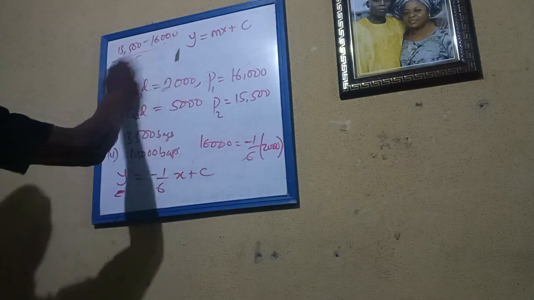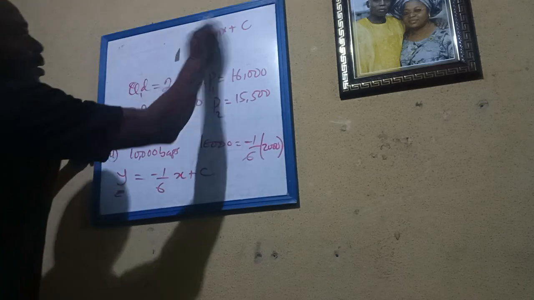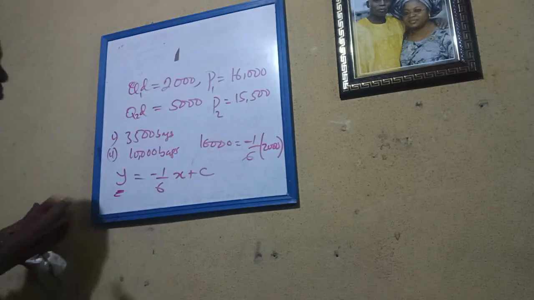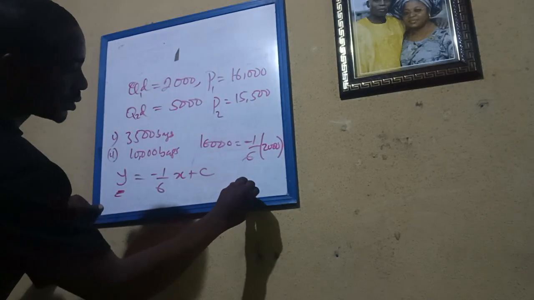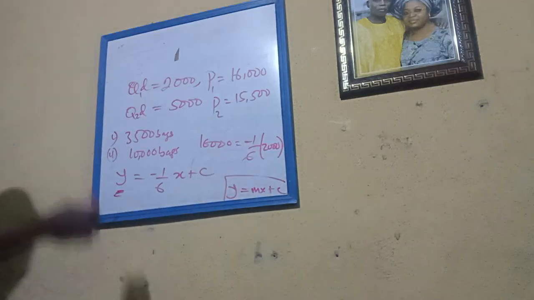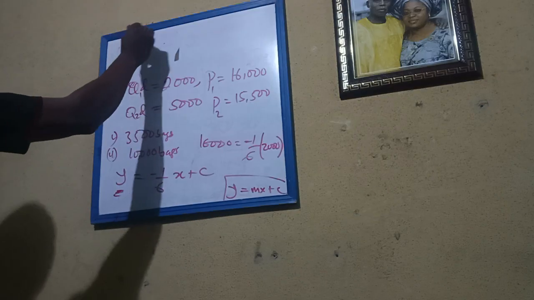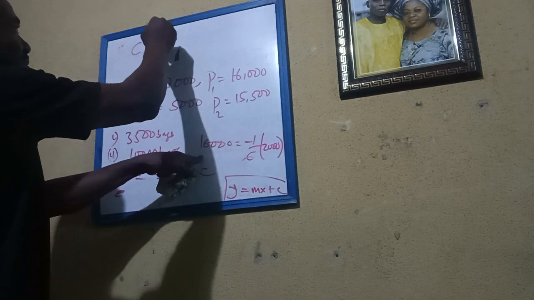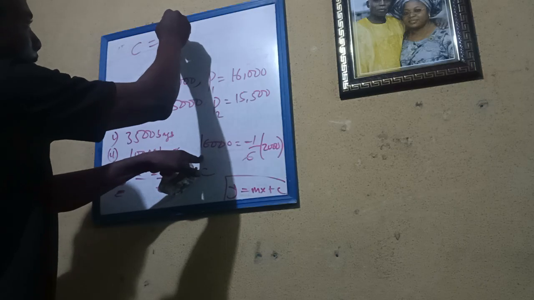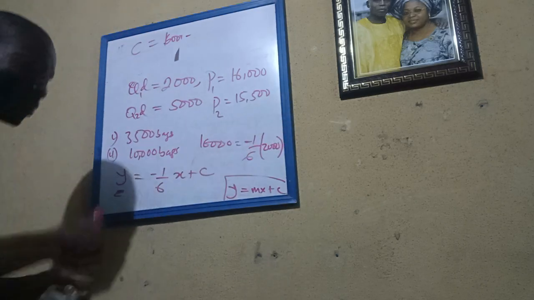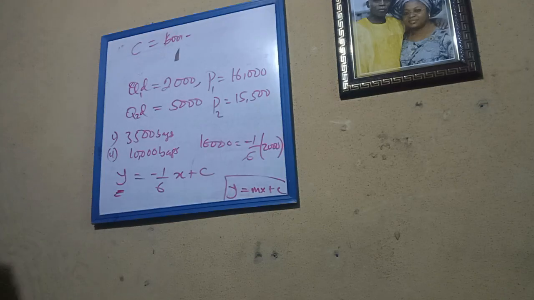Y is equal to mx plus c. This is the formula I'm using. So I'm going to have c is equal to 16,000 minus, so what is 2,000 divided by 6?